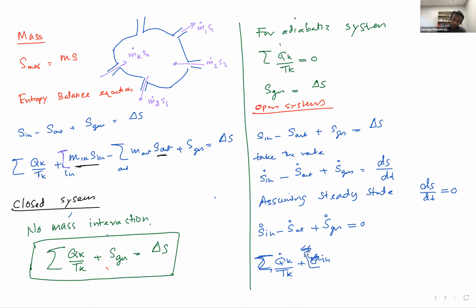I need to add all the ins here. So I'm going to add sigma over ins of m dot in s in, minus sigma over outs of m dot out s out, plus S gen equals 0. Okay.